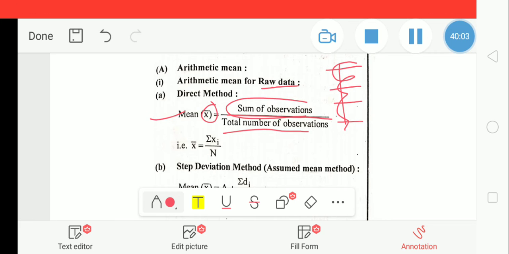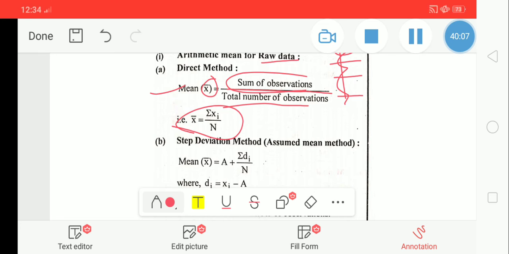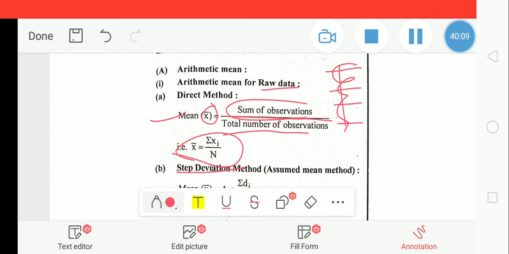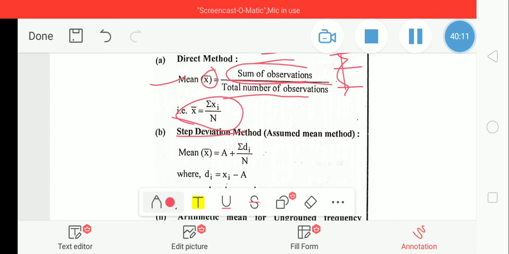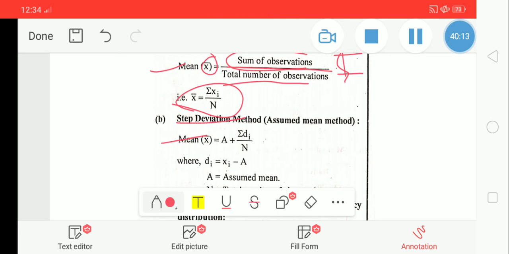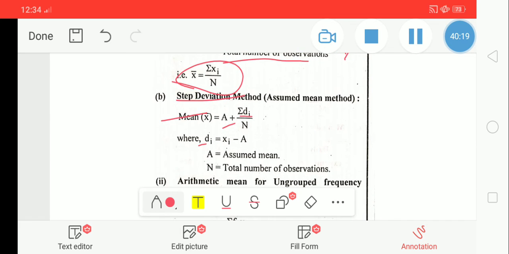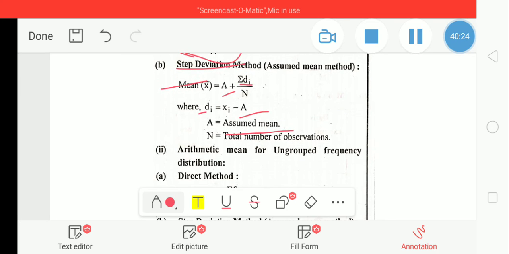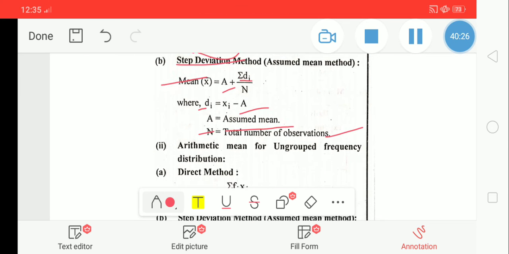So put here, they give mean of raw data. And in the step deviation for raw data, we are using x bar equals a plus summation of di divided by n. Here di is xi minus a, a is the assumed mean, and n is the total number of observations.